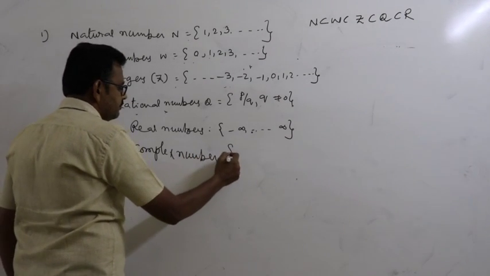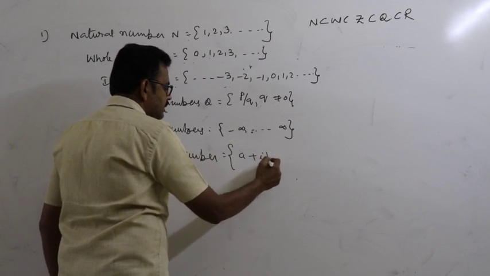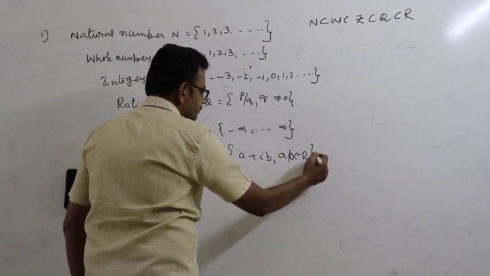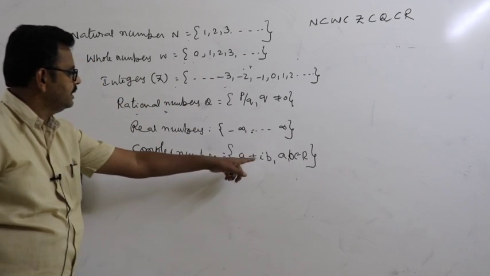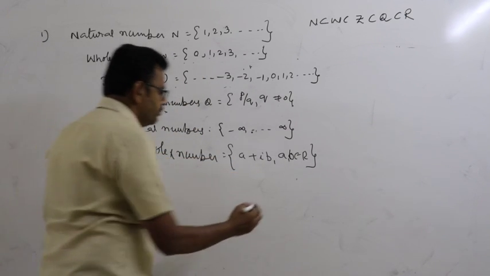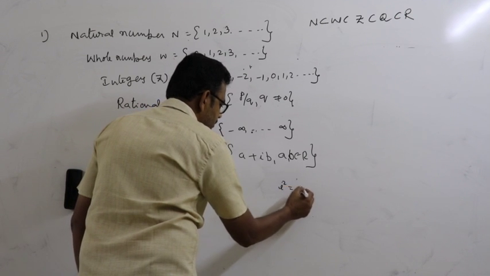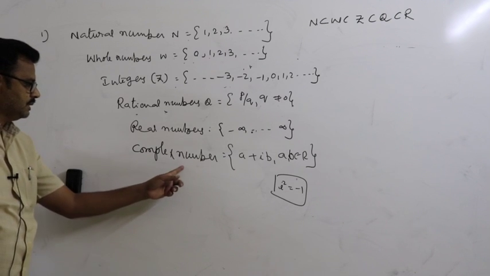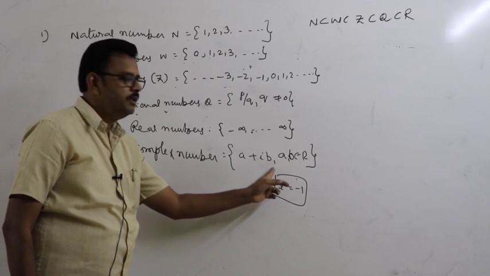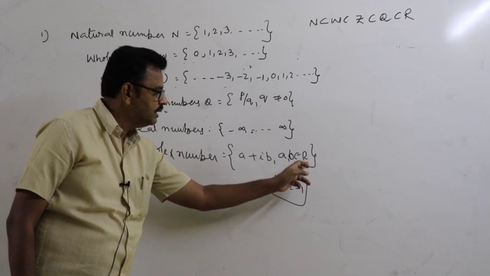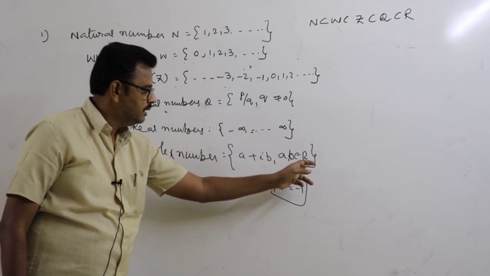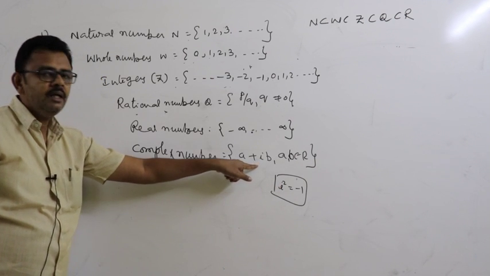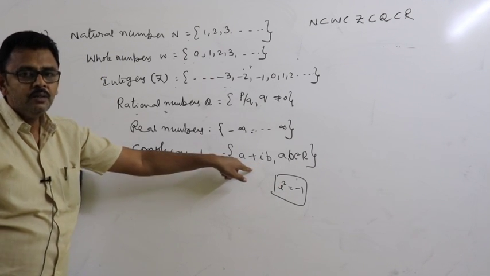A complex number is of the form a plus ib, where a, b are real numbers. i is an imaginary value with the property i square is equal to minus 1. i means iota.